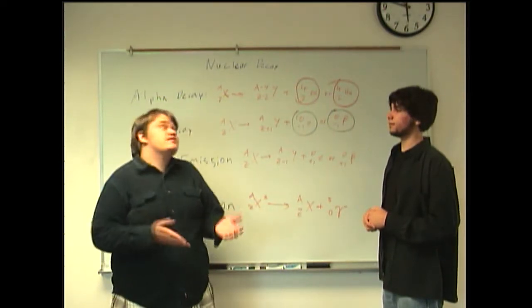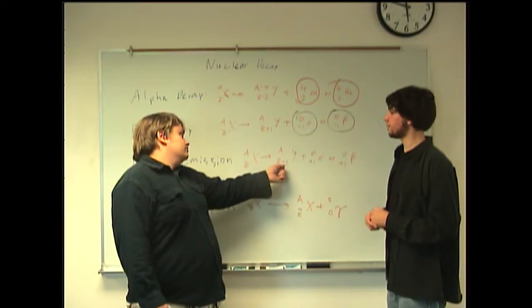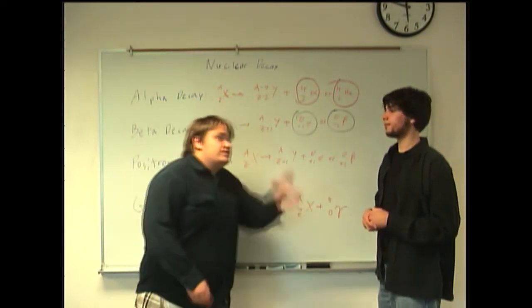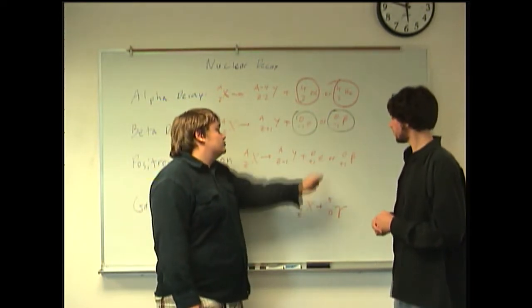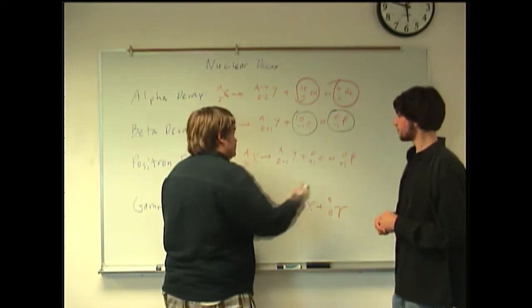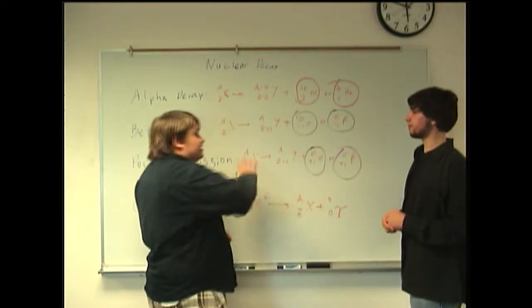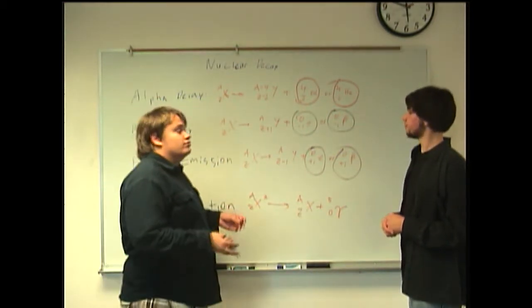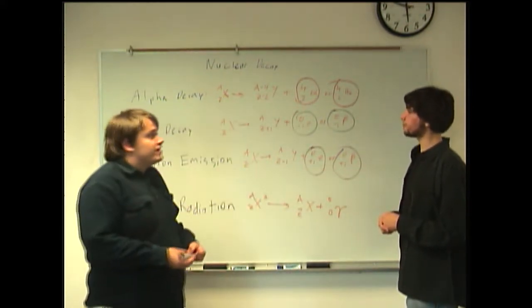It's positive instead of negative. So it's like a positive electron. Yeah, and so your atomic number actually goes down by 1, and then you get a 0 and a +1 right here. Again, the reason for that is to make sure that everything adds up to the same on both sides. So Z minus 1 plus 1 still adds up to Z.